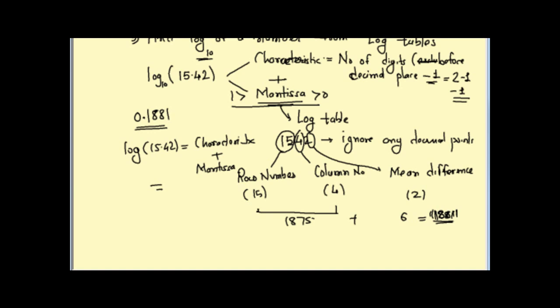Our characteristic is number of digits before decimal place minus 1, that is 2 minus 1, plus mantissa. Mantissa is 0.1881. Log is 1.1881.